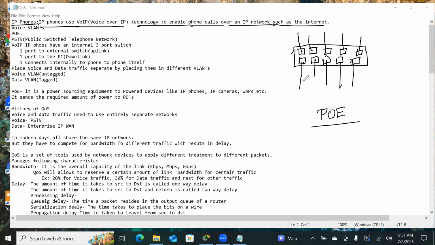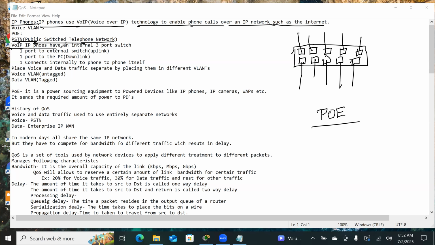So now what happened? These IP phones started having 3 ports. One is the uplink, the second is the downlink, and one is an internal switch port, I can say. You can see here, initially the PSTN, public switched telephone network, used to send the voice data, but now we have started using VoIP phones.